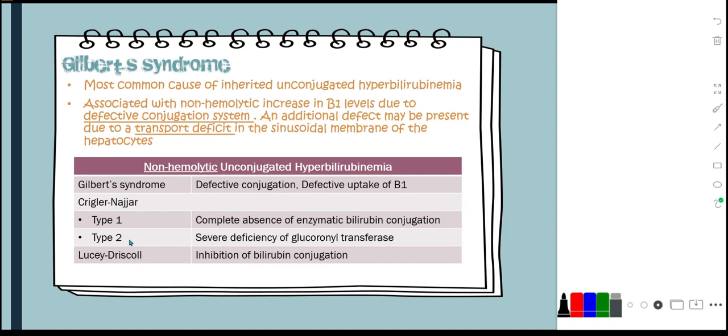And as I've mentioned, we have here your Lucey-Driscoll associated with the inhibition of bilirubin conjugation. So all of these diseases are associated with problems with the liver, and the type of bilirubin that is increased is your B1. So you can differentiate it, guys, from prehepatic jaundice, where B1 is also increased, because again, the problem here is in the liver.